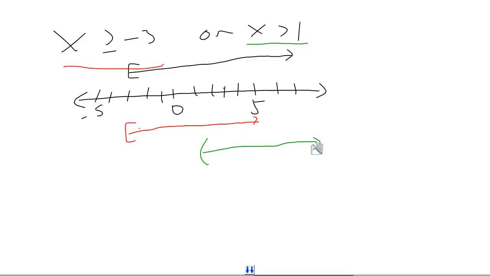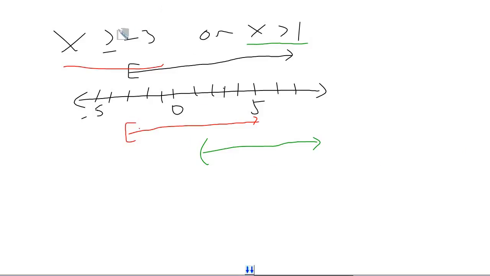Again, I'm saying which intervals on the number line satisfy one inequality or the other. Well, the red one covers everything that the green covers, so it satisfies one or the other on its own. The green one's kind of redundant.